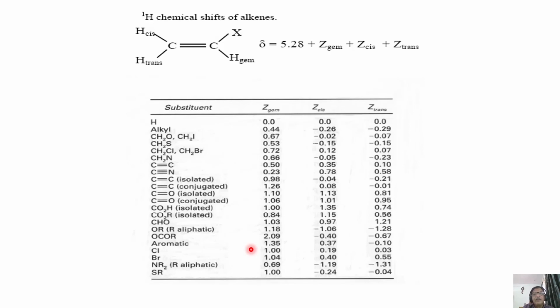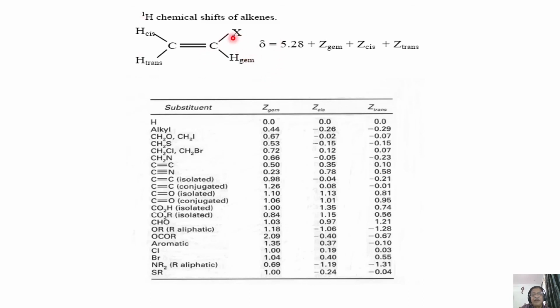Okay, so like that you can find out the chemical shift of alkenes for trans, cis, geminal, if it is present. What happens if it is in a cis position, geminal position, trans position. For alkenes, the base value is 5.28. We have to take into account what happens for different substituents, whether it is cis to this proton, geminal to the proton, or trans.